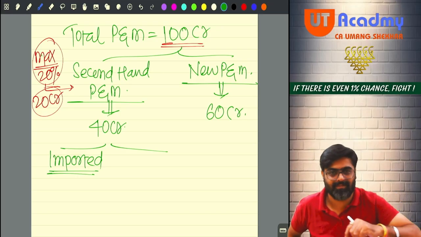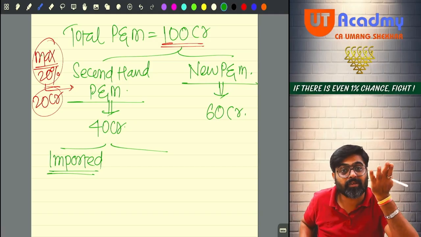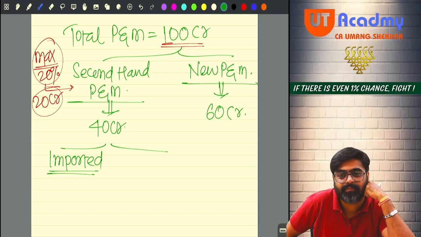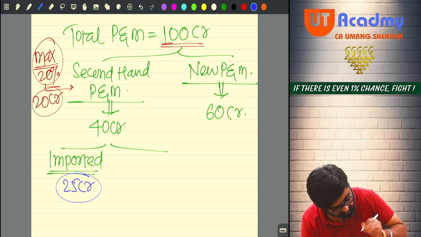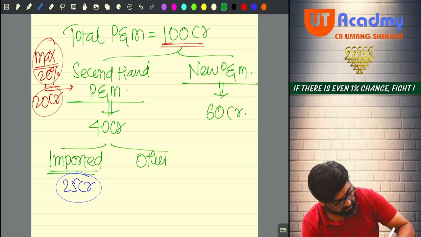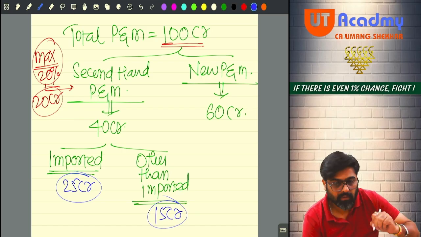Any value is okay. That is allowed. But other than this imported second hand, the second hand plant and machinery should not be more than 20 crores. So, imported was 25 crores. Possible. Meaning that other than imported, second hand was how much? 15 crores.